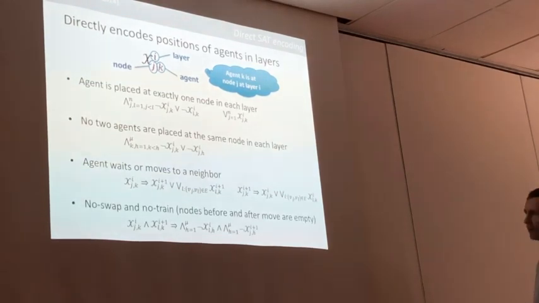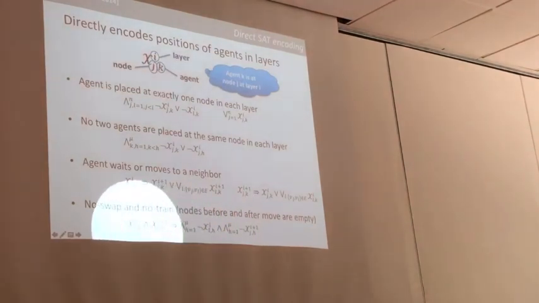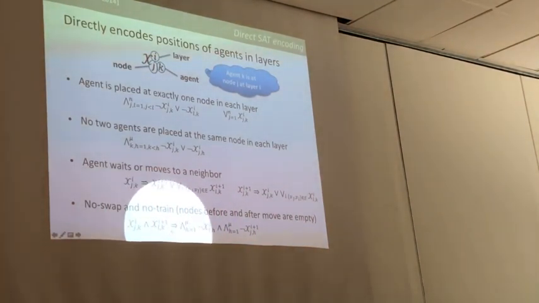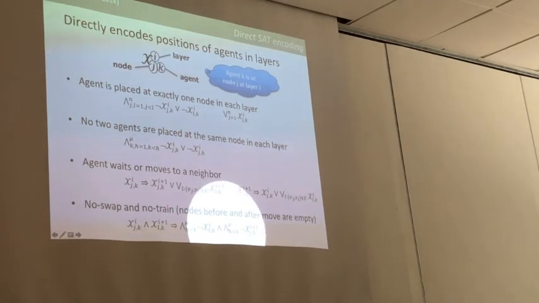Okay? And finally, about the no swap and no train constraints, again, it can be expressed directly. So if I have agent K, which moves from J to L, then it's not possible that there is some agent at position L at the layer I, and there is no agent at position J at the layer I plus 1.